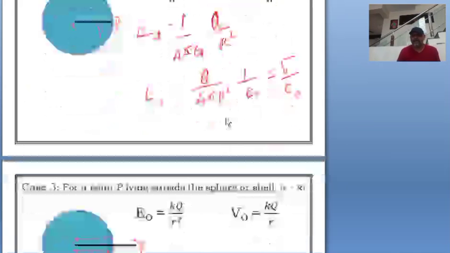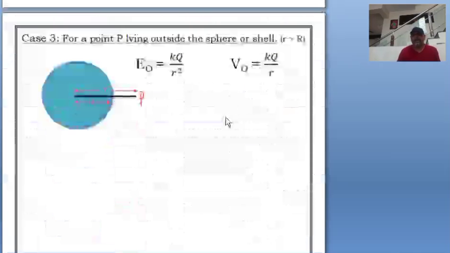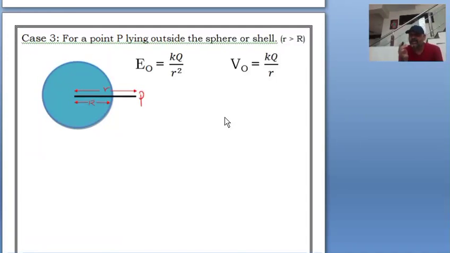And dear students, we have one more case, for a point P lying outside the spherical shell. We have derived this: outside, the field is kq divided by small r square, where small r is the distance of the point P from the center O of the spherical shell or the sphere.